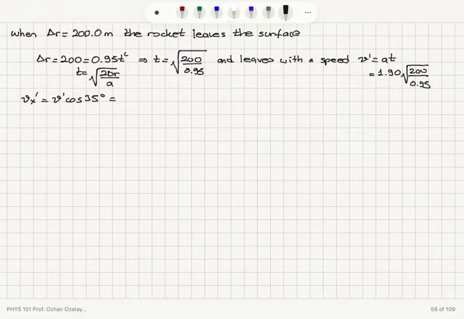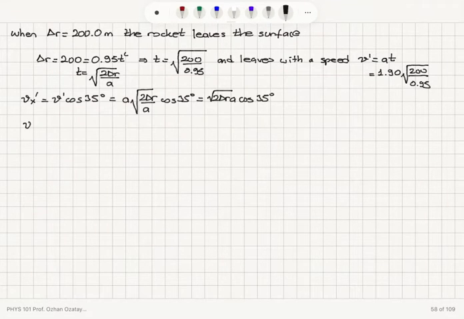This will be equal to the square root of 2 delta r a, because it's a square in the square root, times cosine 35.